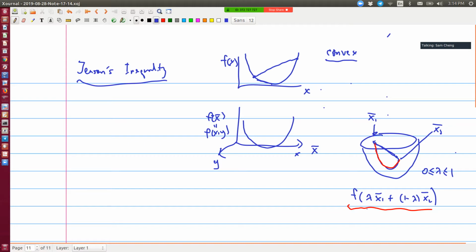if I consider any 2 points on the surface of the function in the high dimensional case, and I interpolate along these 2 points, and I look at the value of that function. So these f values should be less than or equal to the linear interpolation, lambda f of x1 plus 1 minus lambda f of x2.